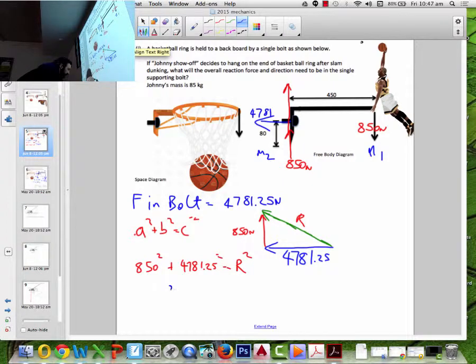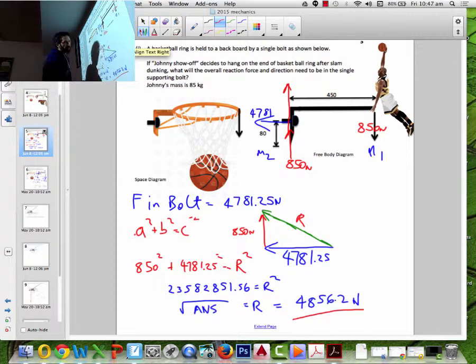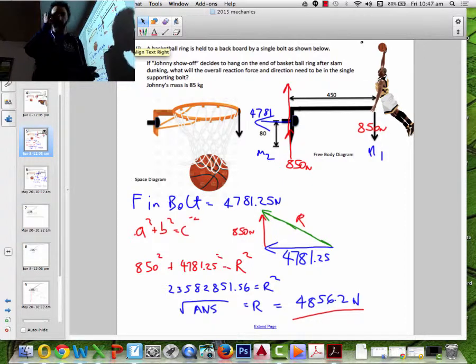Basically, we have 23,828,514.56 equals r squared. So if we square root that answer, it equals r. The square root of the answer is 4,856.2 newtons. Okay, what we've just found there is the overall, the net force on the bolt.